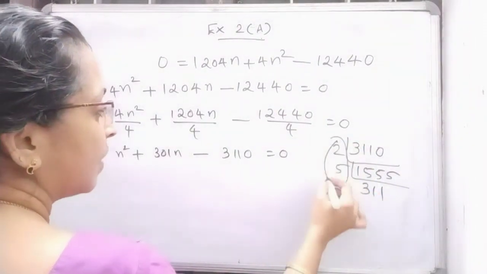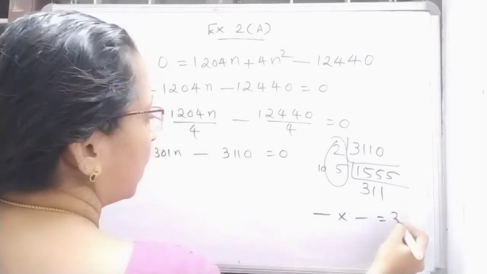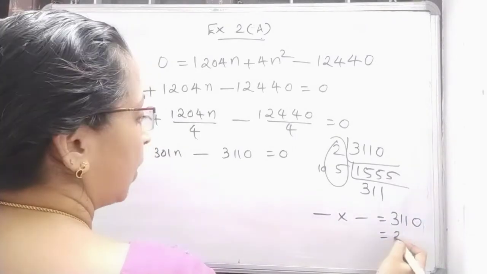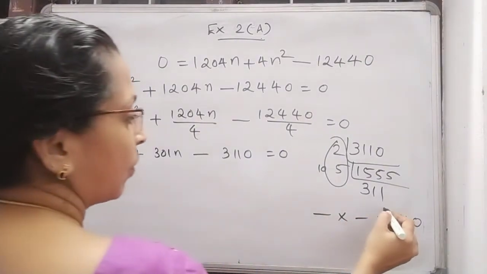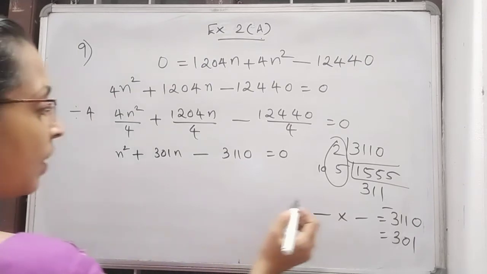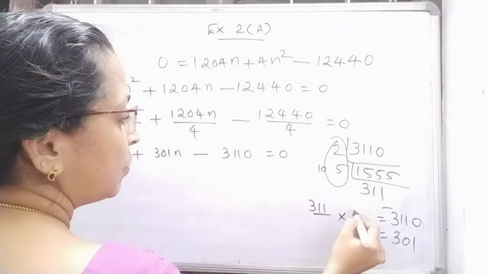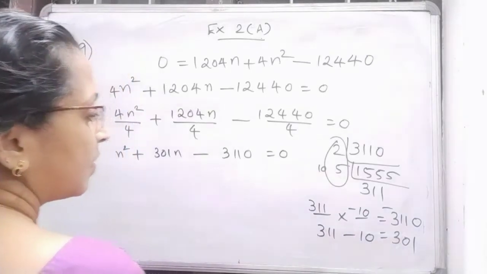Join this: 5 into 2 is 10. So dash into dash is equal to 3110, and we want 301. We want negative 3110. Is it 311 into negative 10? So 311 minus 10 is equal to 301.